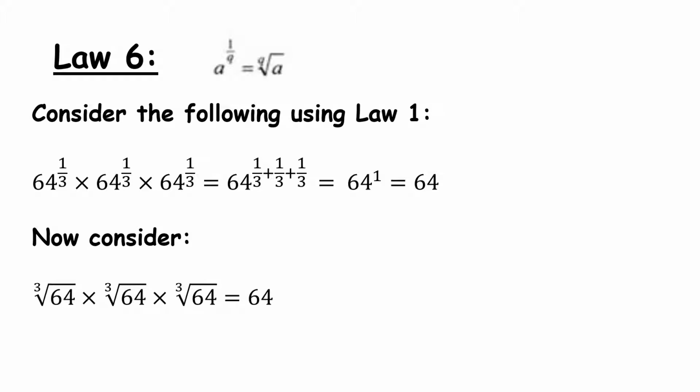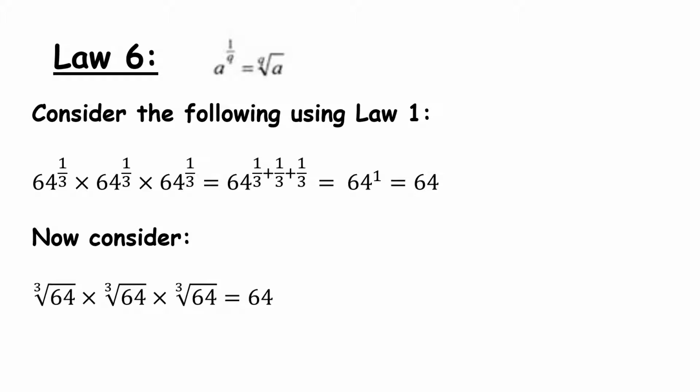Remember that the cubed root of 64 asks what number multiplied by itself and multiplied by itself again will give me 64. So if you go to your calculator, on Casio, it is above the square root. You have to press shift and the square root button will get you the cubed root. And if you do the cubed root of 64, you get 4. So 4 by 4 by 4 will give you 64.